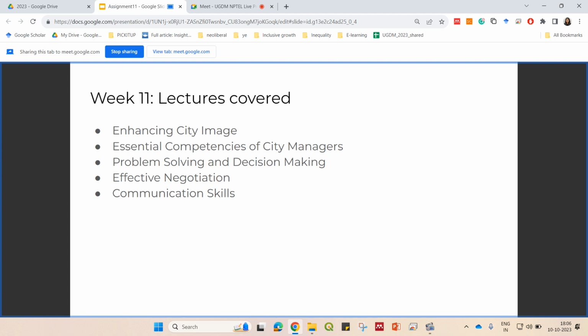This would include the first lecture on enhancing city image. In this you would have studied what is the concept of city image, how different cities in India and around the world have adopted their particular identity and their particular image, how the concept of city image came about, what is the theoretical framework behind that, things like that.